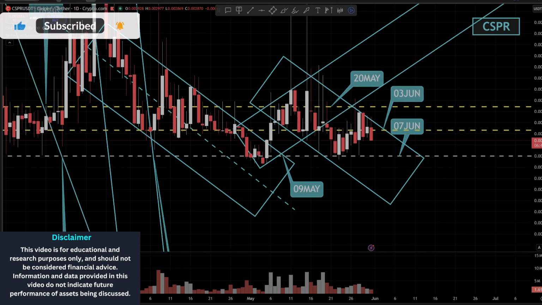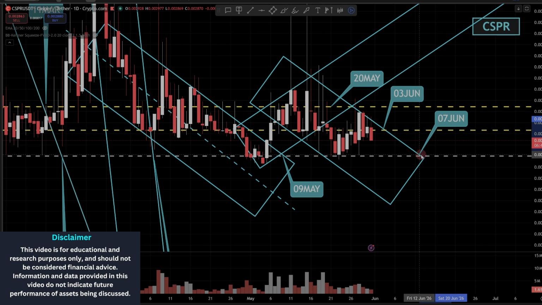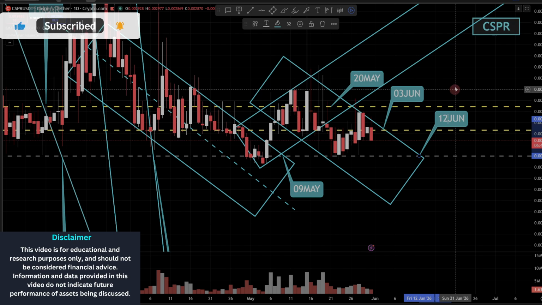So if we zoom out, disregarding all this short-term trend, just moving this date a little bit to the right after we adjusted the box, somewhere around the 12th.